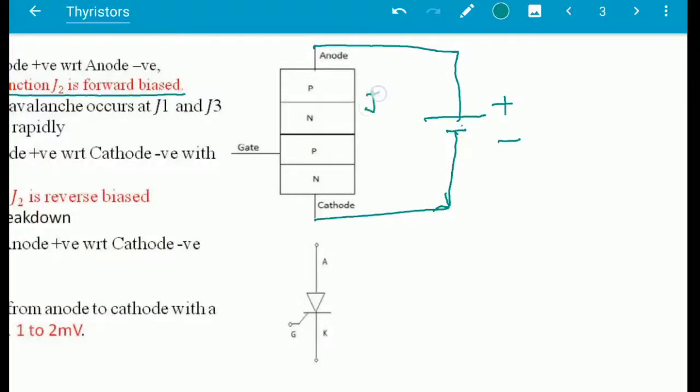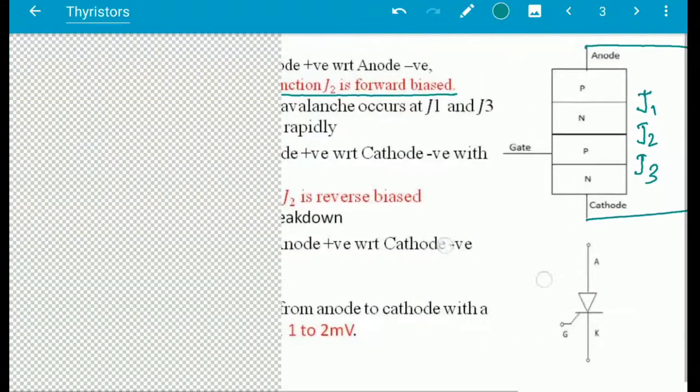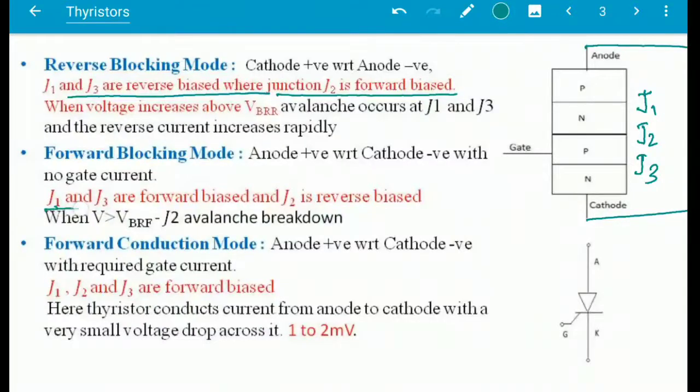So J1 will be forward biased and J3 also forward biased, and at J2, N is connected to positive and P to negative, so J2 will be reverse biased. Here J1 and J3 are forward biased and J2 is reverse biased.